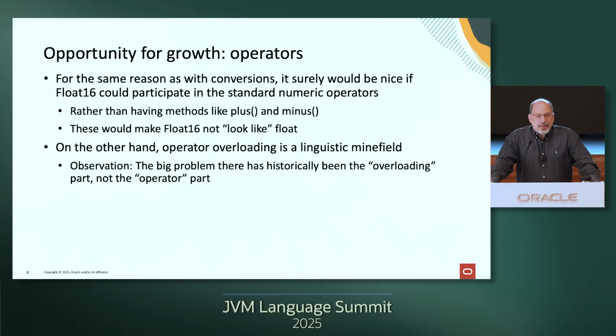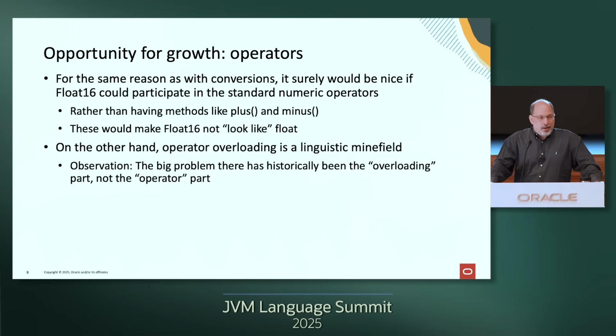A related feature, also using the same example, is boy, it would be really nice if you could add two float 16s together with plus and not with a dot plus b or float 16 dot add a comma b. Again, that would be a way in which float 16 would not look like the built-in floating point abstractions in the language.